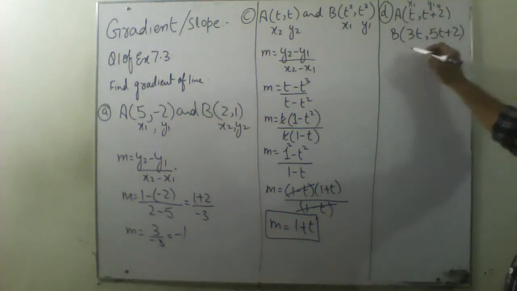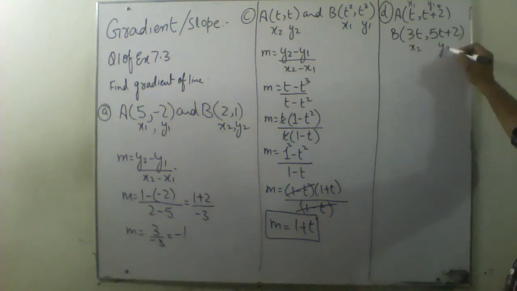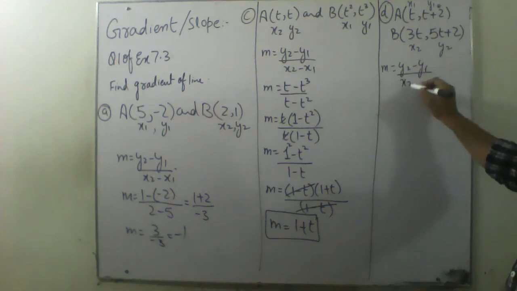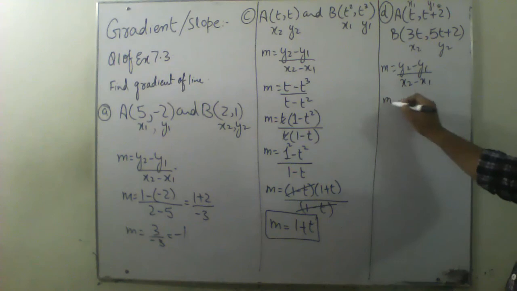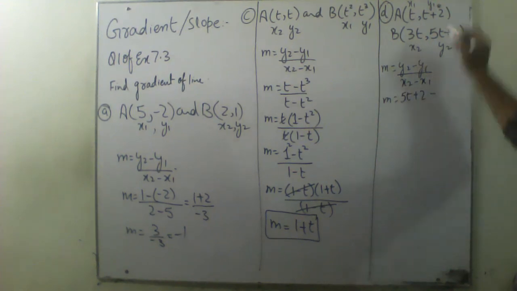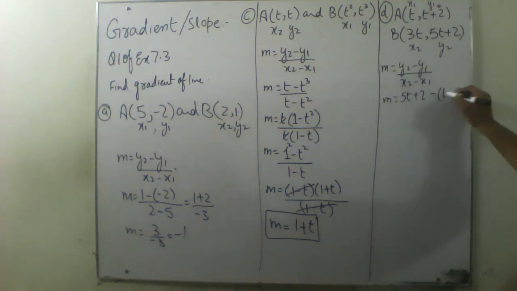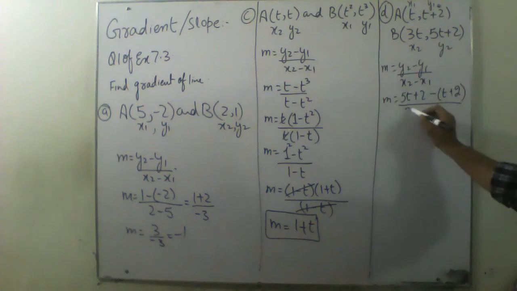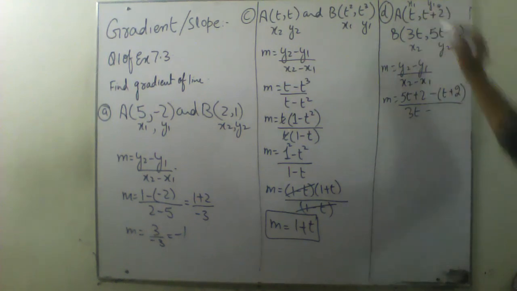x1, y1, x2, y2. M equals y2 minus y1 upon x2 minus x1. M equals y2, 5t plus 2, minus y1, t plus 2, over x2, 3t, minus x1, which is t.